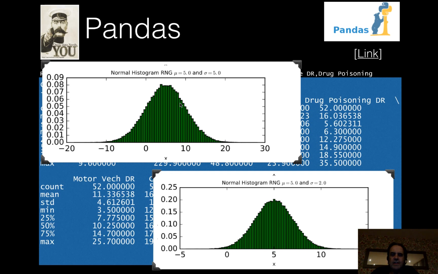The sigma value gives us the variation in the data, and the mu gives us the average. Here's one where we have a mu of 5 again, but the sigma is only 2, so we see a much thinner distribution. We can see that this is a longer distribution and this is a thinner one here.